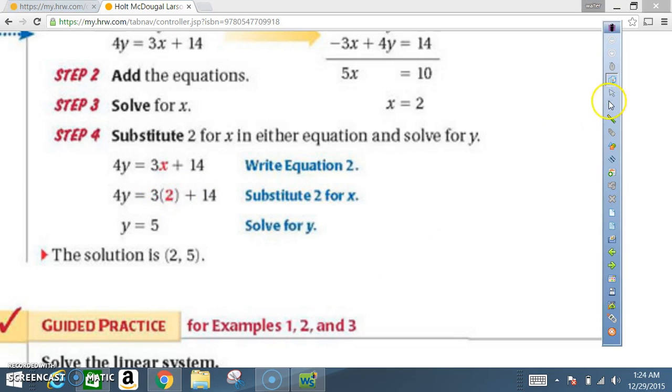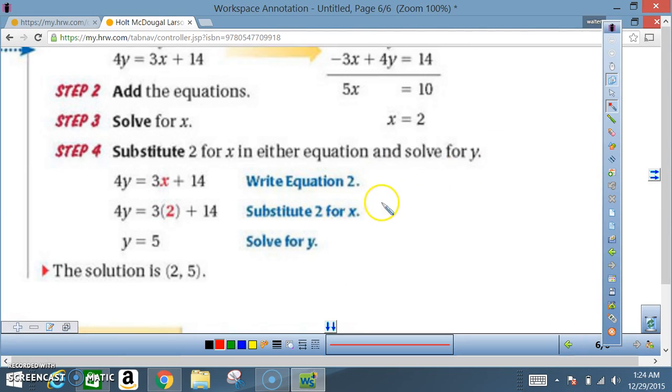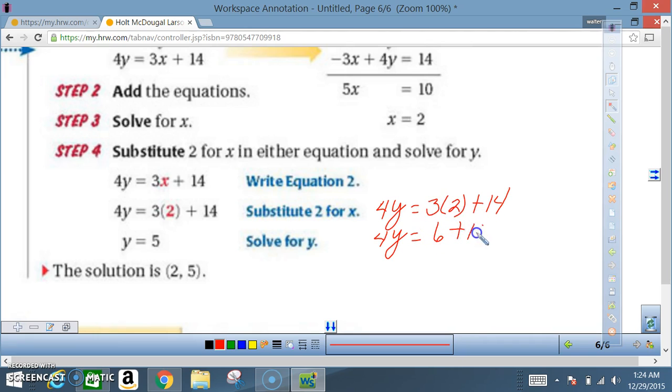All right, and then once again, doing our math, 4y equals 3 times 2 plus 14. So 4y equals 6 plus 14. So 4y equals 20. And then divide both sides by 4, and y is equal to 5. So my solution then is going to be 2, 5.